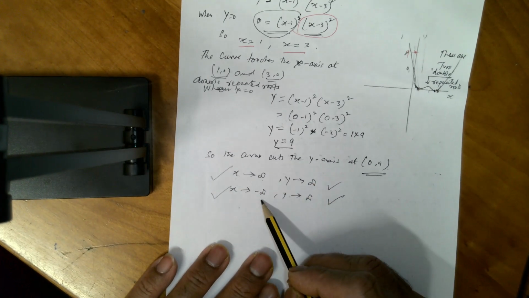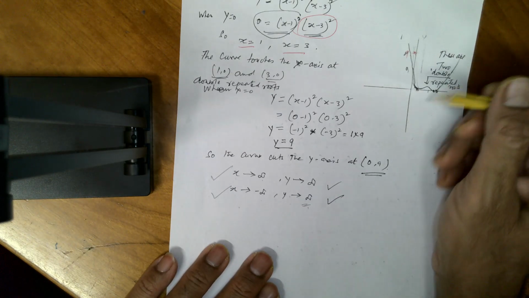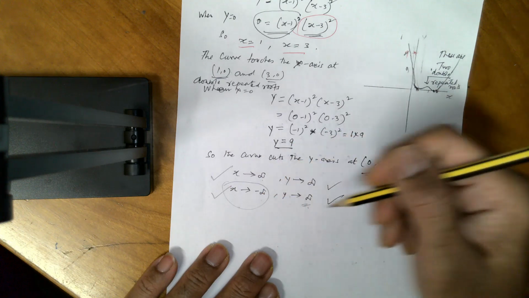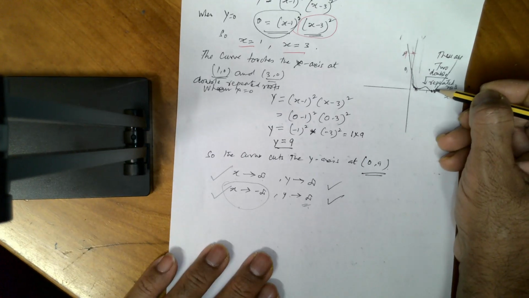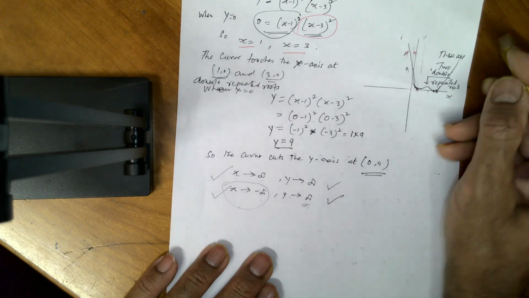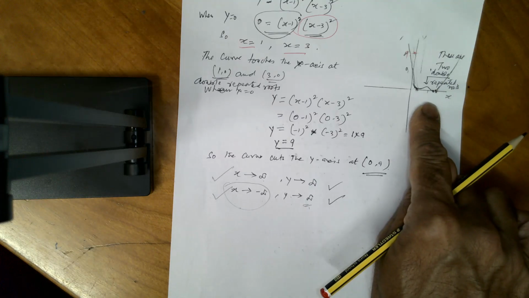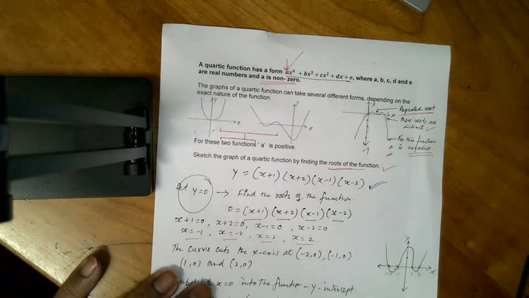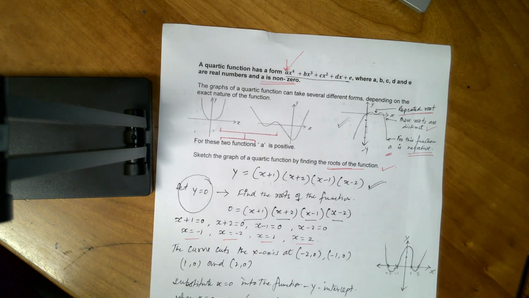When x is negative, the y is positive here. Okay, so even though your x approaches negative infinity, you still get y positive. So you will have your graph like this. Okay, and this is just like a mirror image of this here, what we have discussed previously. I hope you understand that.